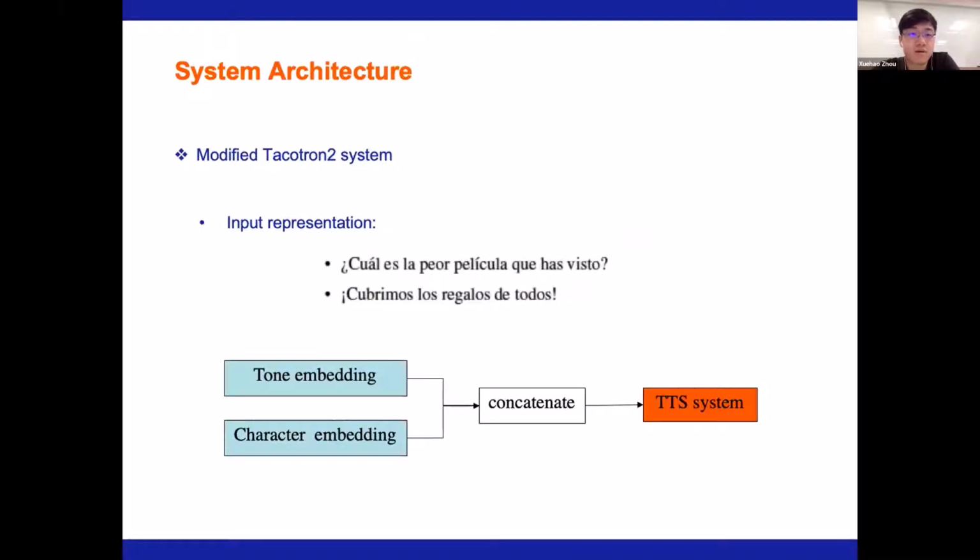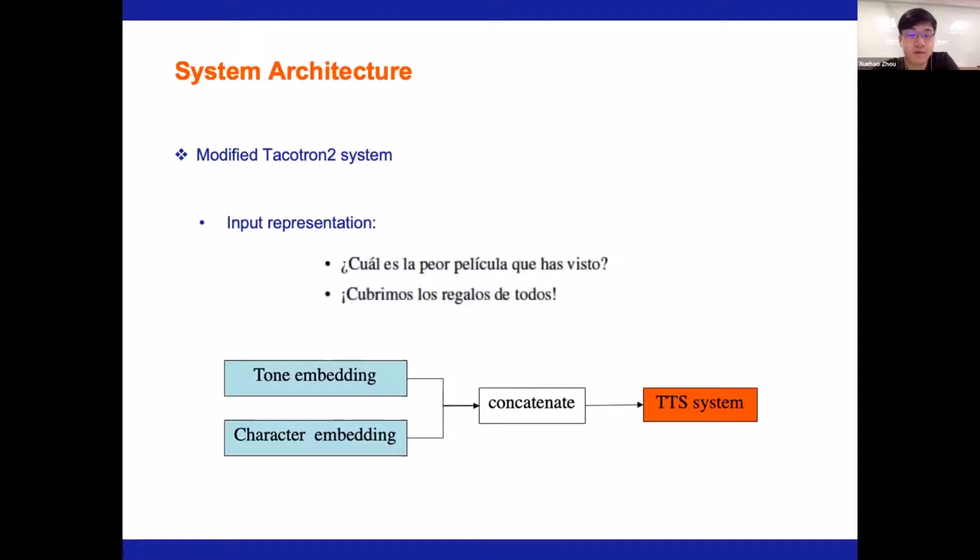So for our modified Tacotron2 system, because the English alphabet can be shared with the Spanish alphabet, we just use the character sequence as the TTS input. Additionally, we find that different tone symbols can represent different information.